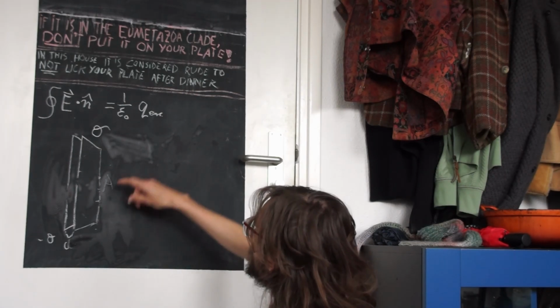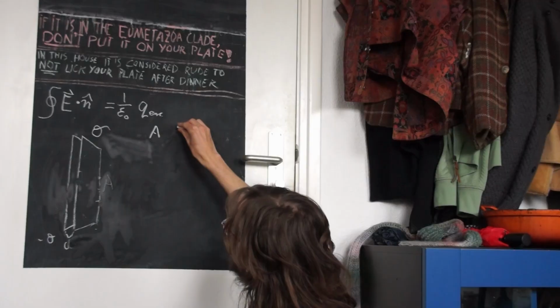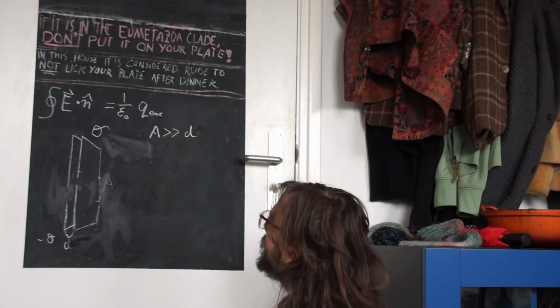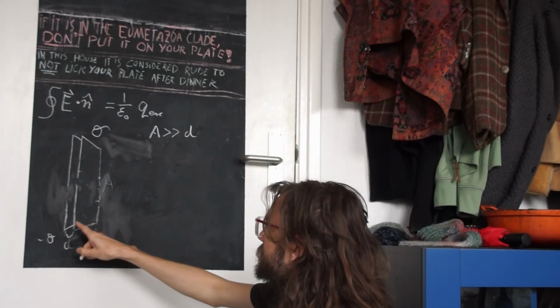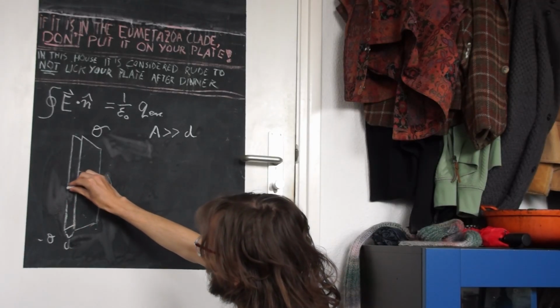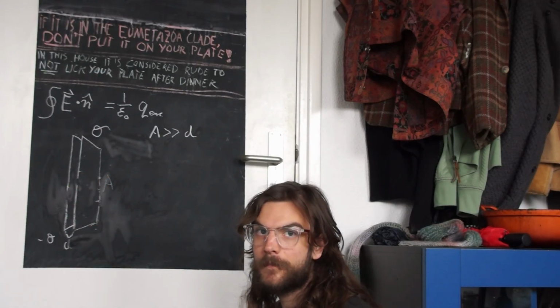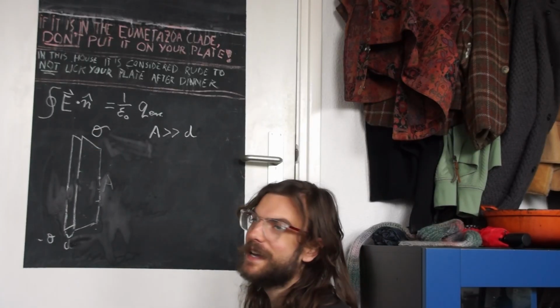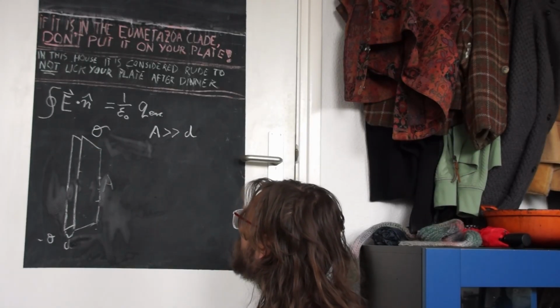If we assume that A is a lot bigger than d, then we can assume that the plates are as good as infinitely big. At the edges it gets a bit confusing, but let's ignore the edges because they're also marginally small.